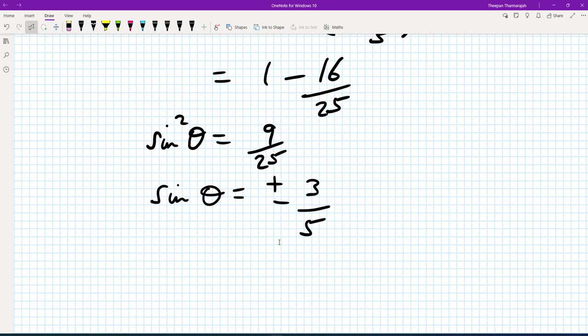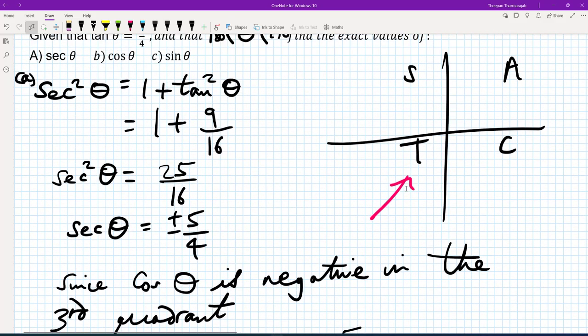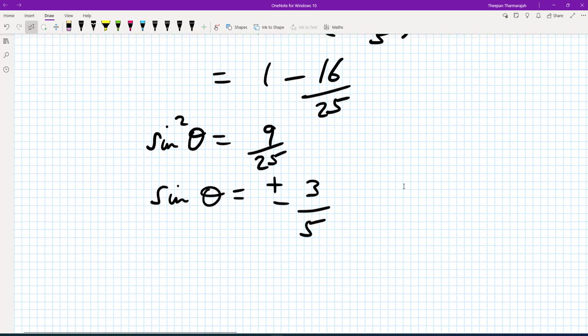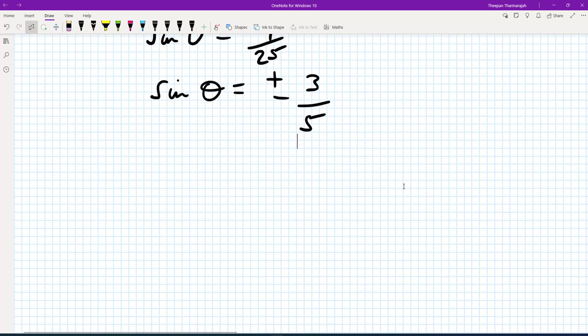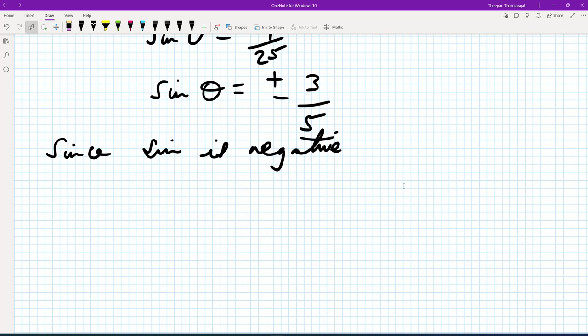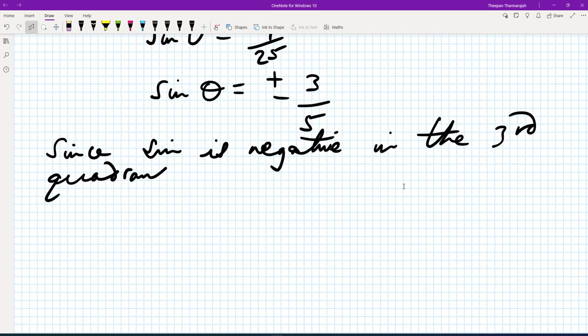But because it lies in the third quadrant, sine is negative there. So since sine is negative in the third quadrant, therefore sin theta is minus 3/5.